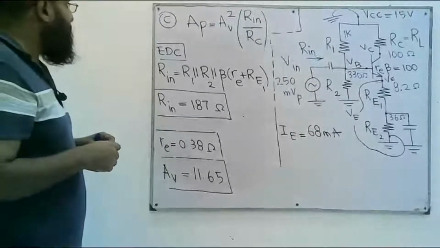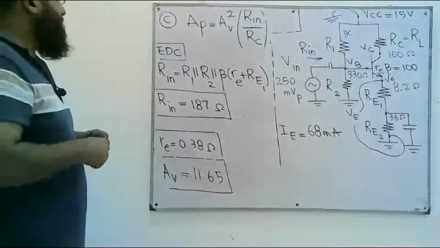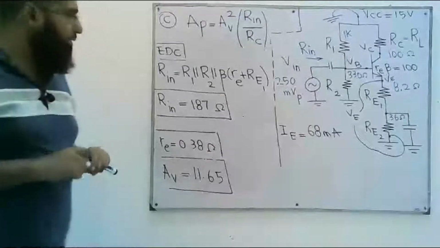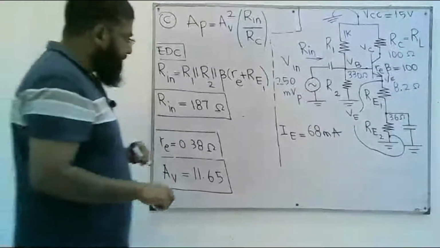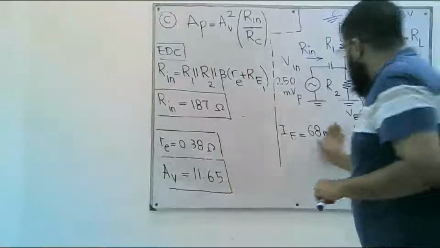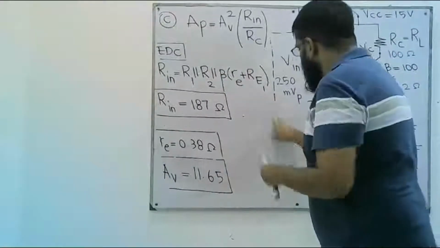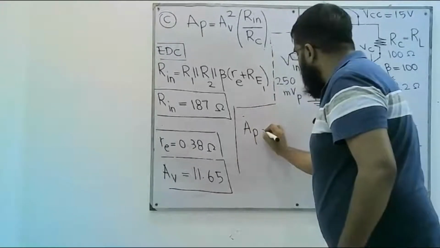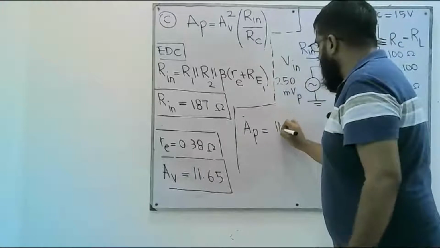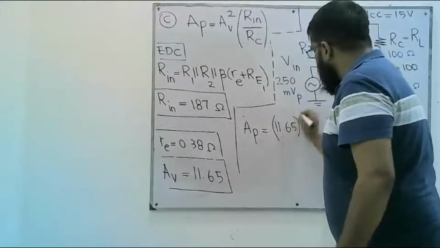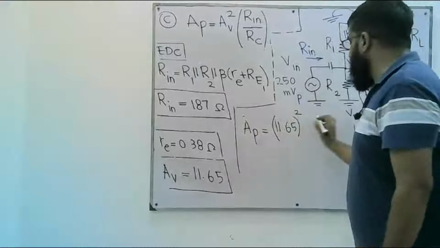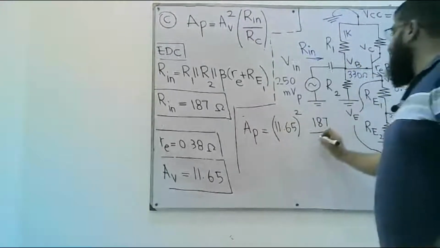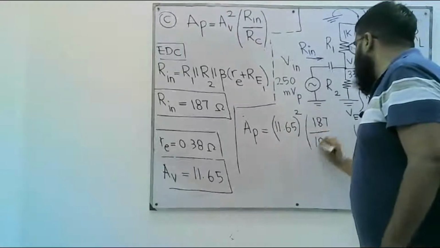So finally, we are ready to compute AP. That is AV squared times Rin over RC. AV is 11.65, so AP is 11.65 squared times Rin, 187, over RC or RL, which is 100.